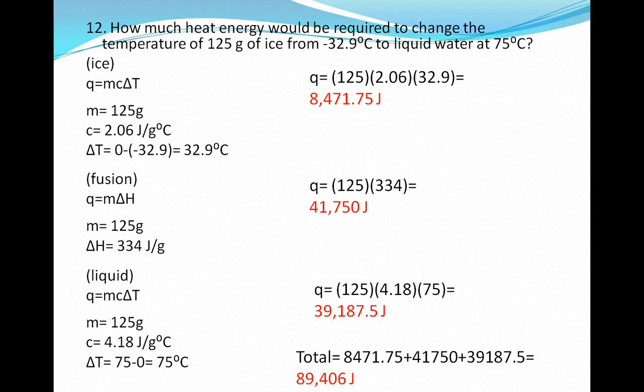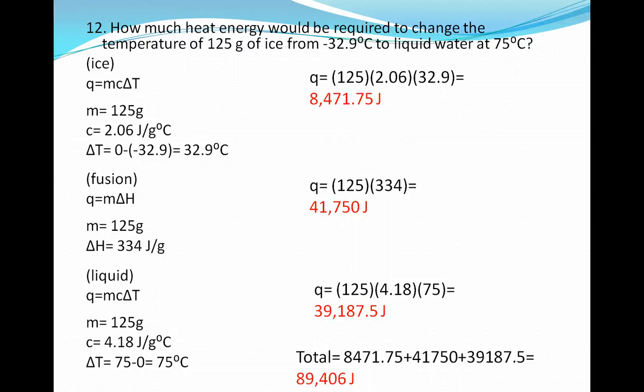So you're given your mass, your C value is 2.06, because that's when it's ice. And your delta T is, since the final value would be 0, 0 minus negative 32.9, which is positive, so you get 32.9 degrees Celsius. You plug that into your equation, and you get 8,471.75 joules of energy.